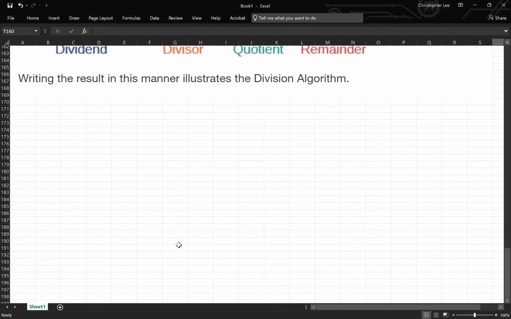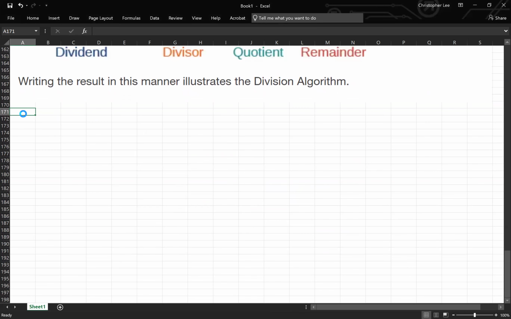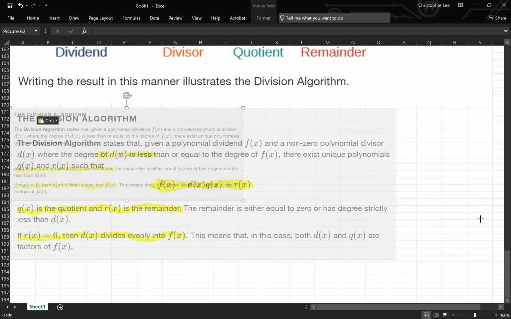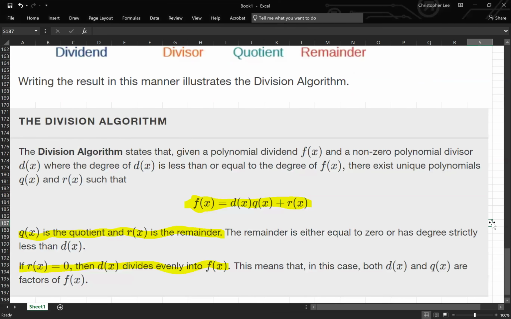Just to recap the division algorithm. The division algorithm states that given a polynomial dividend f of x and a non-zero polynomial divisor d of x, where the degree of d of x is less than or equal to the degree of f of x, there exist unique polynomials q of x and r of x such that f of x is equal to d of x times q of x plus r of x.